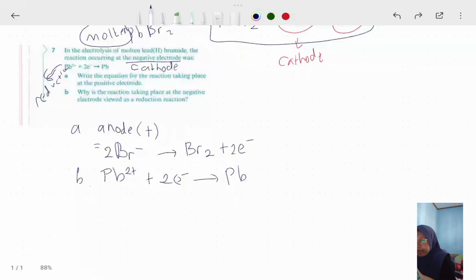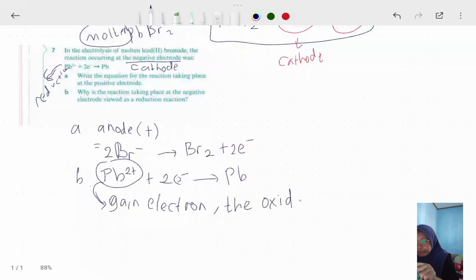Reduction means that the ions gain electrons, so the oxidation number decreases.